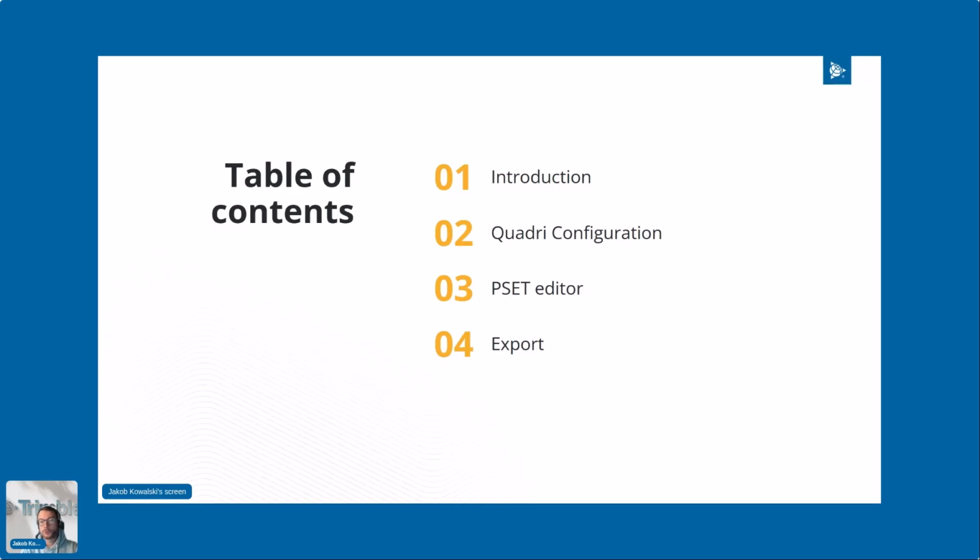Then I will go through the property set editor, and at the end I will show how to export when you have defined your own type catalog and set some properties. So how to export those.